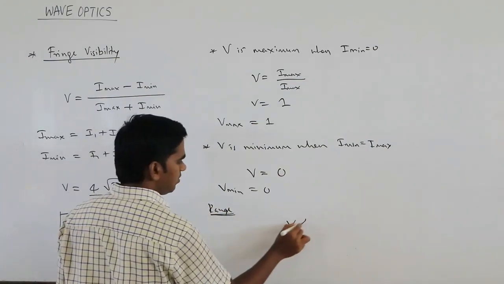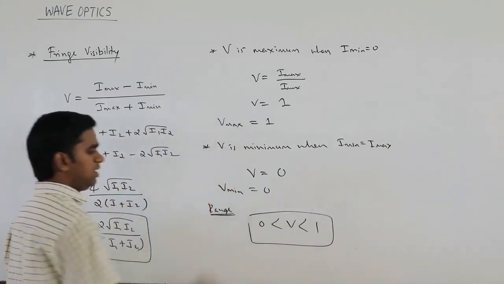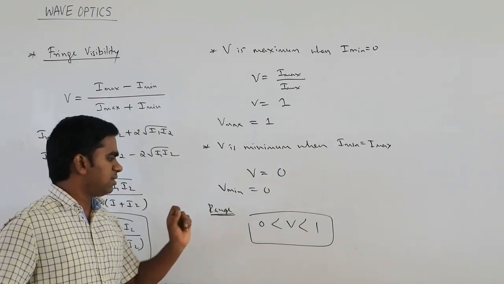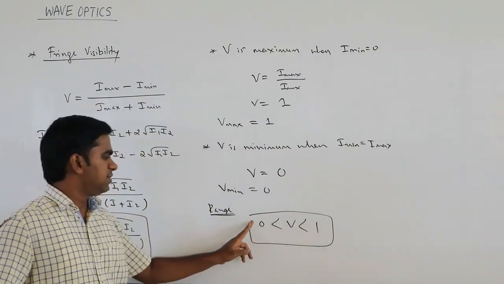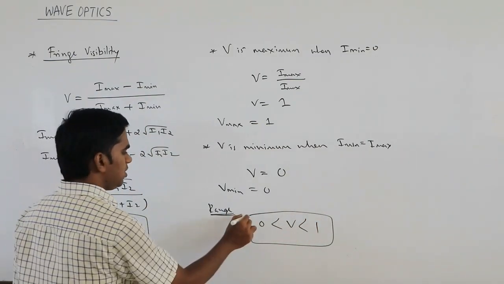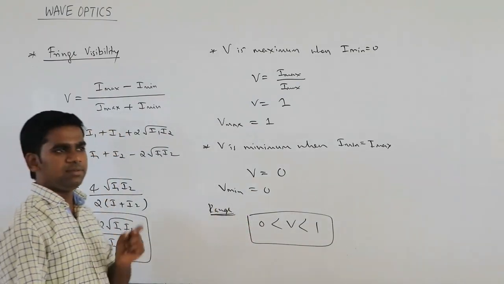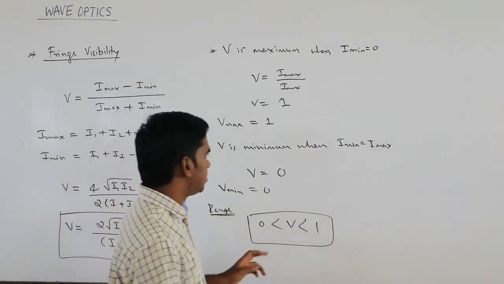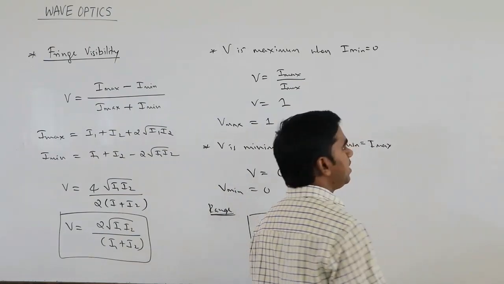V lies between 0 and 1. That means if all the fringes are very clear and bright, then visibility is going to be 1. If they are blurred, then visibility is going to be 0. So based on the value of visibility, how we can see the fringe pattern depends. So this is fringe visibility.